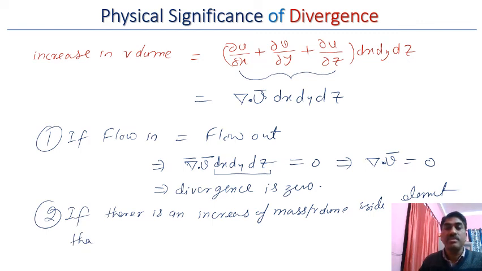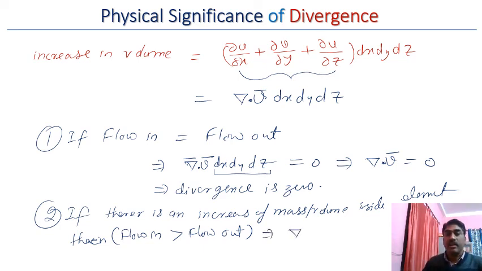Increase of mass means flow in is not equal to flow out, that means flow in is greater than flow out, entering more and exiting less. Then del dot v is not equal to 0, and in this case we say that the velocity has divergence.